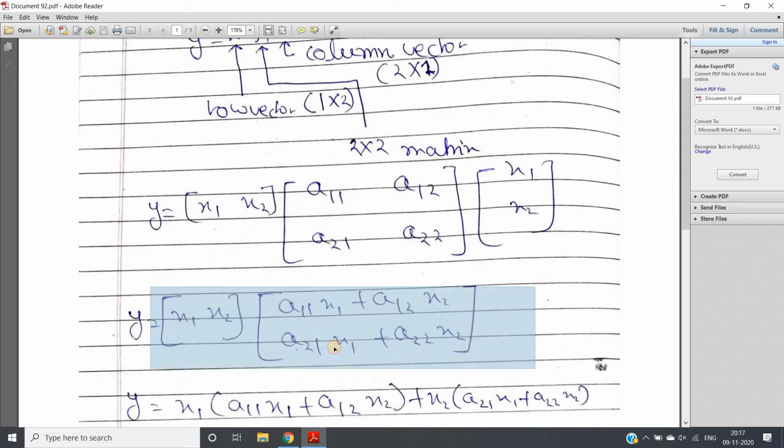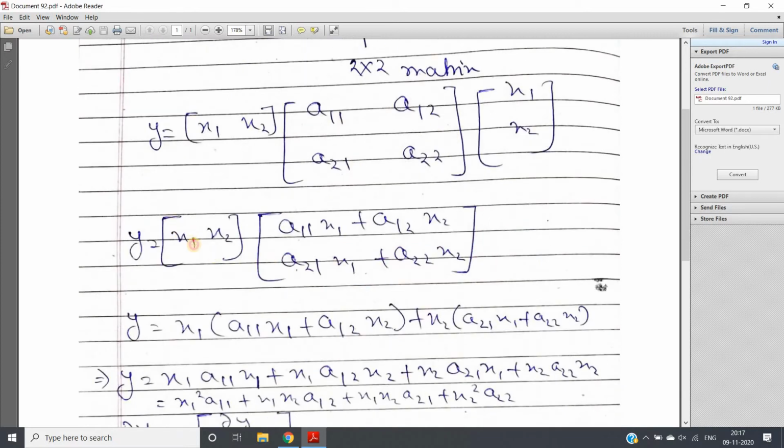Now we can do this multiplication, so we get x1 multiplied by this whole one, A11 x1 plus A12 x2, that's what I have written here, plus x2 into A21 multiplied by x1 plus A22 multiplied by x2. So our y equation becomes this one.